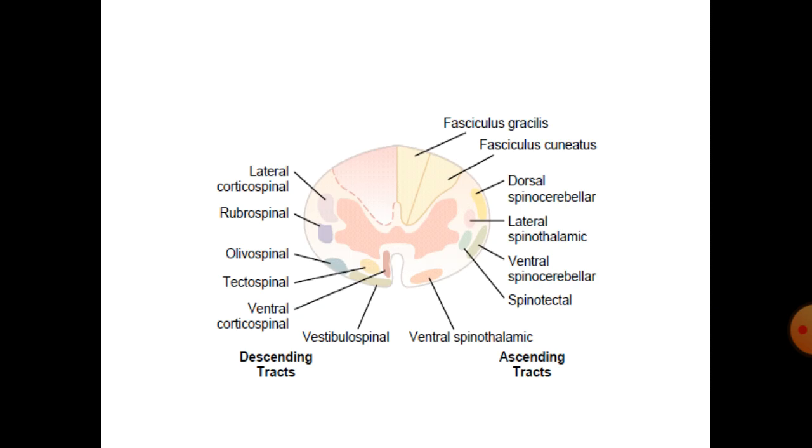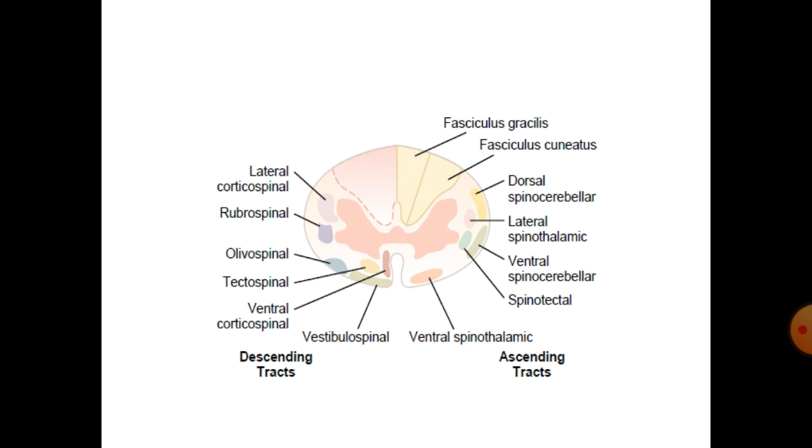This is again the cross section of the spinal cord showing the different ascending and descending tracts. You can see the fasciculus gracilis and fasciculus cuneatus in the yellow color on the dorsal side. These are dorsal column tracts, and then you can see the dorsal and ventral spinocerebellar tracts carrying the sensation to the cerebellar cortex, that is unconscious kinesthetic sensation.